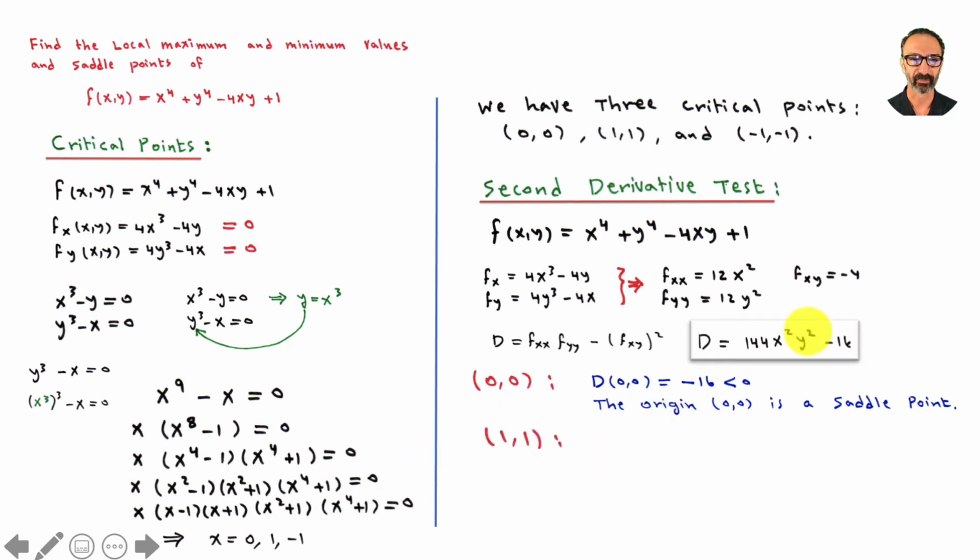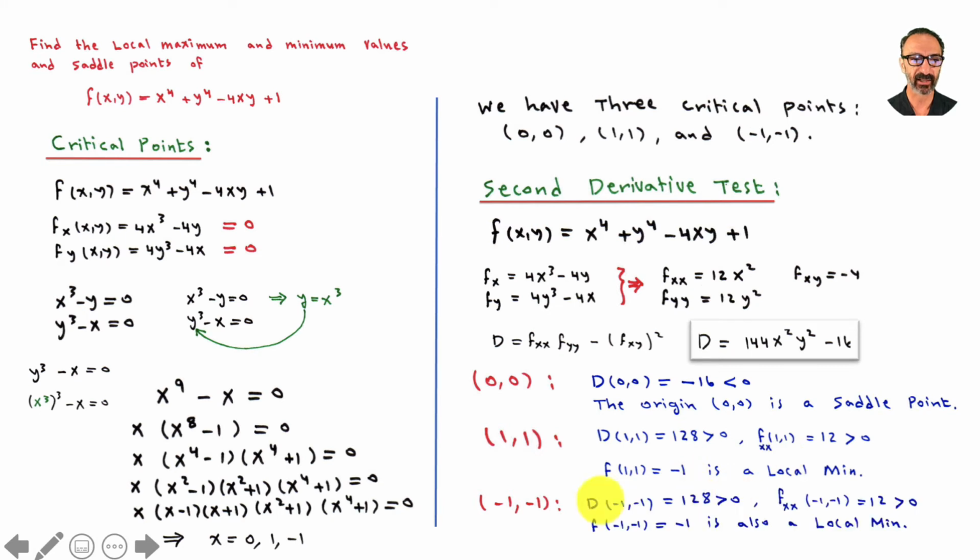Take 1, 1. Plug 1 here, plug 1 here. Now this is positive, so I move on. The fxx, I just want to say it this way quick, is also positive. We have a local minimum at 1, 1. Negative 1, negative 1. Do the same style. I get positive for D, positive for fxx, same thing, case 1, local minimum.